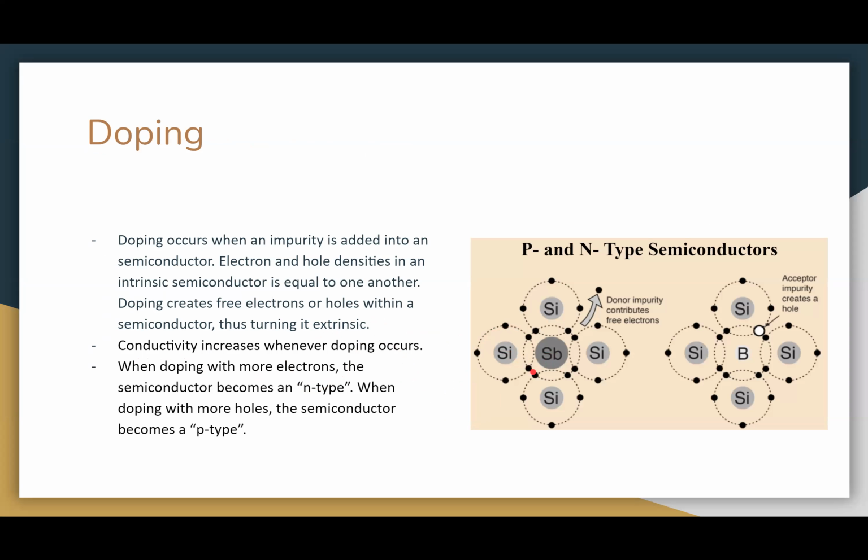When doping with more electrons, the semiconductor is considered an N-type semiconductor material. But when you have more holes in your semiconductor, and the majority charge carriers are holes, we have what's known as a P-type semiconductor material.